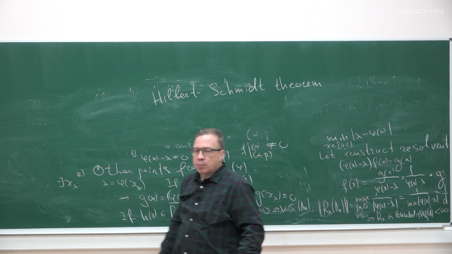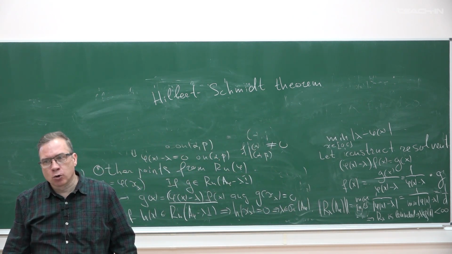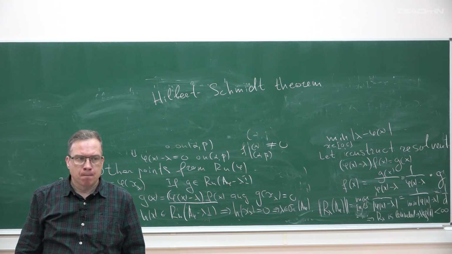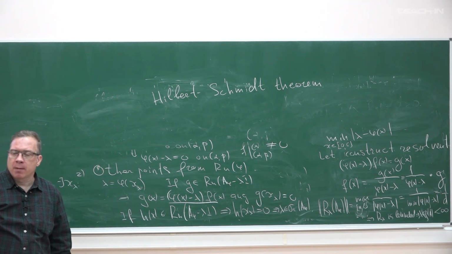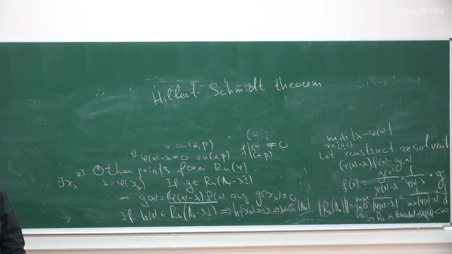It is a property of compact self-adjoint operators. Maybe you remember that when we considered the Gram-Schmidt procedure, I said that humanity knows two basic ways to construct orthogonal bases in Hilbert space.